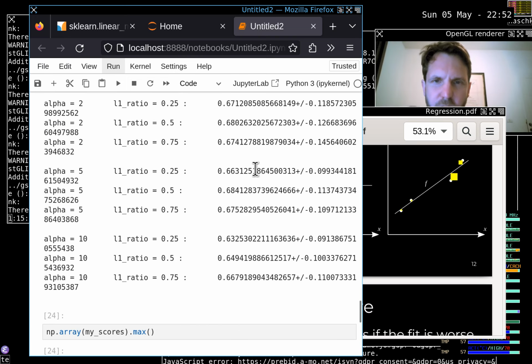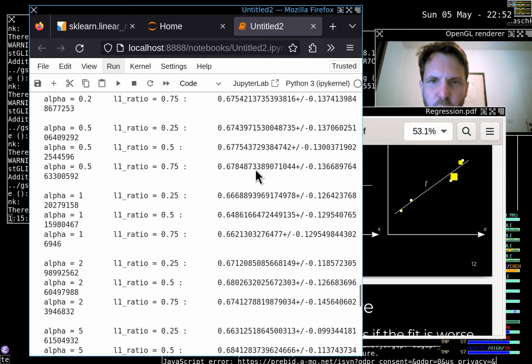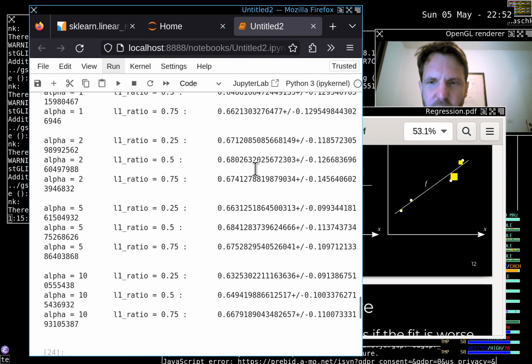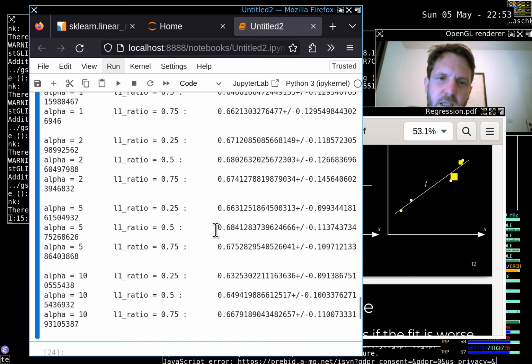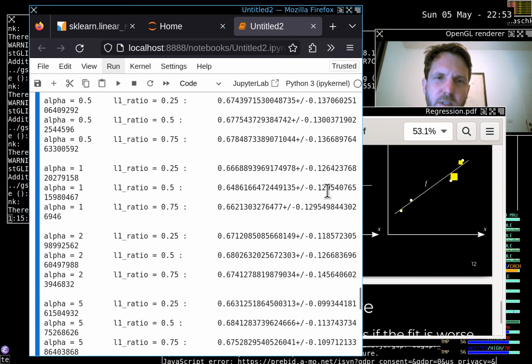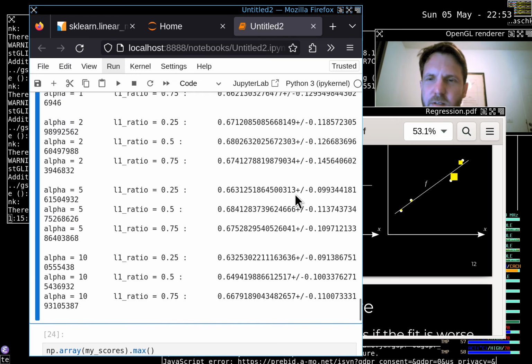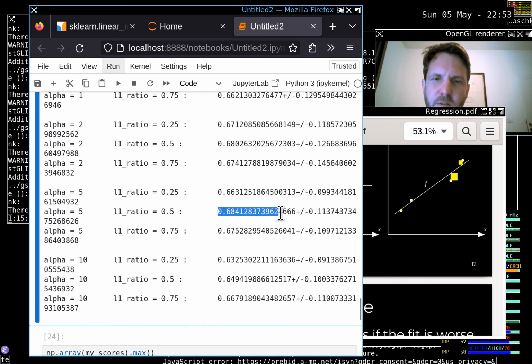Then I can look where 0.684 is, and we could basically say, not really, because our fluctuations are really high, but we can say that alpha 5, L1 ratio 0.5 gives us the best scores of the values that we have selected.